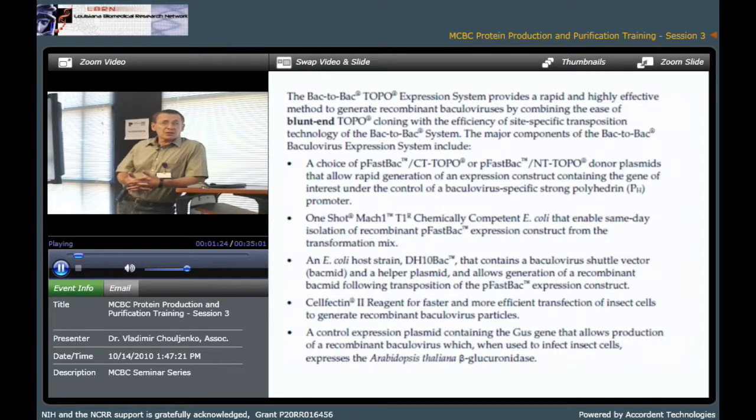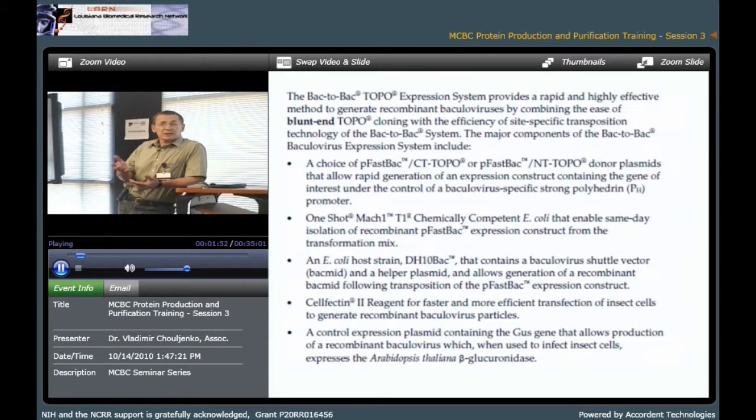The second important component of this system is a very specific E. coli host strain, DH10Bac, and this strain already contains a transformed baculovirus shuttle vector, or bacmid. It's basically the entire baculovirus cloned inside of this plasmid. It also contains a helper plasmid which encodes a specific enzyme, transposase.